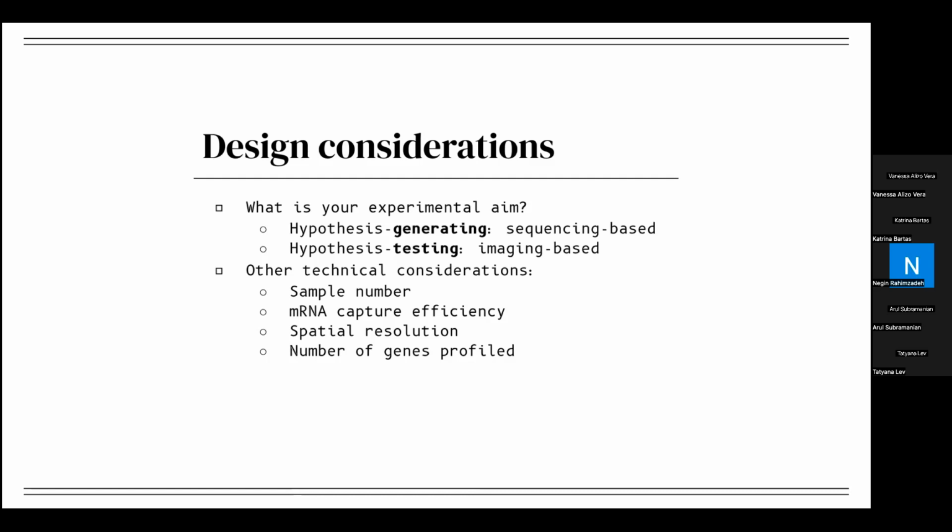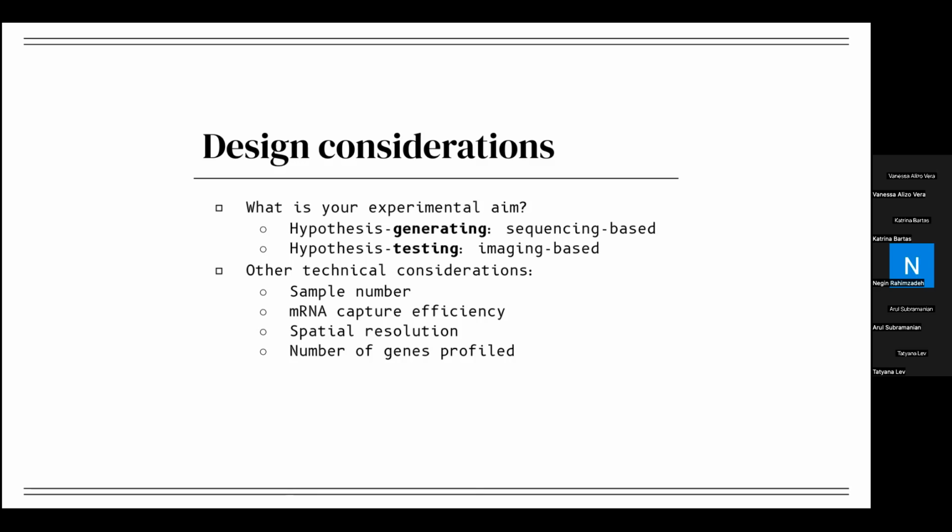So you have all of the transcripts in your cell, and you may not have single cell resolution, but at least you're getting all genes, and then you can go from there. Whereas if you have a specific question in mind and you want to test a particular hypothesis, if you have specific gene targets you already are interested in, then an imaging-based approach might be more appropriate, where you have a select panel of genes, but you're able to see at very high resolution.